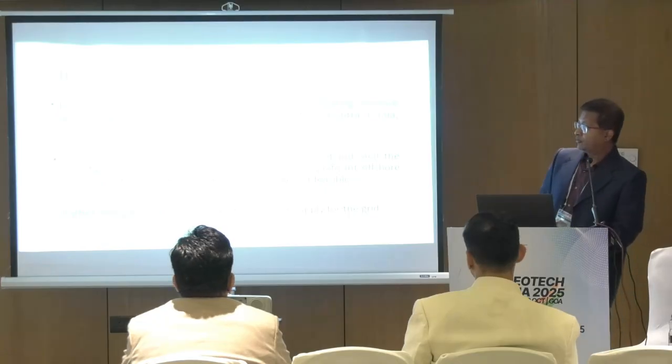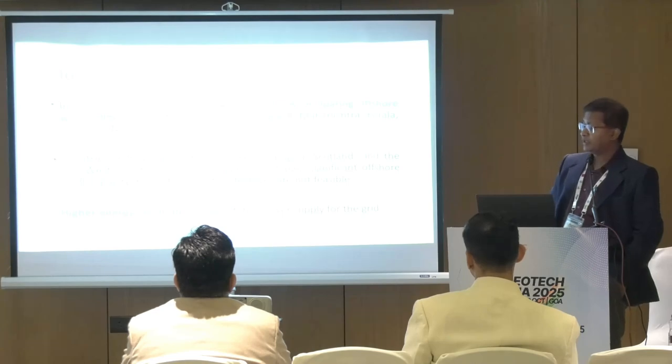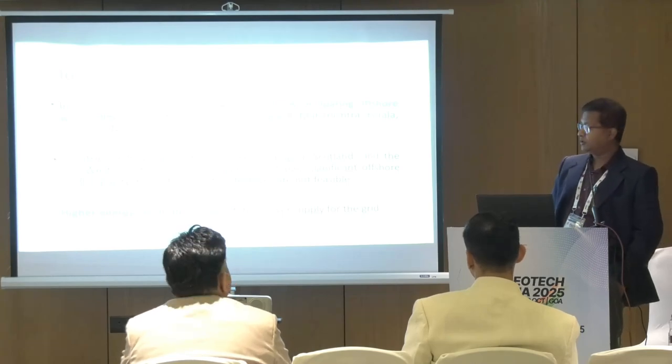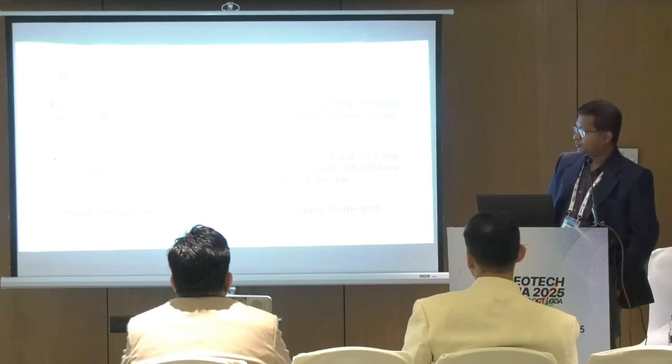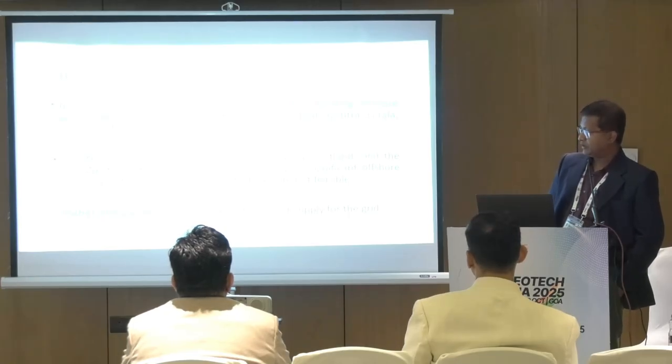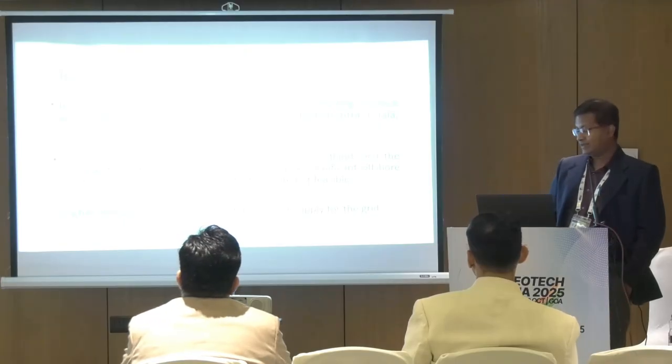And why floating offshore wind is important: in terms of the Indian scenario also, it is very much possible. So far, of course, we do not have any offshore wind energy explored by the Indian government, but we have been trying to explore, because feasibility studies have already been done.